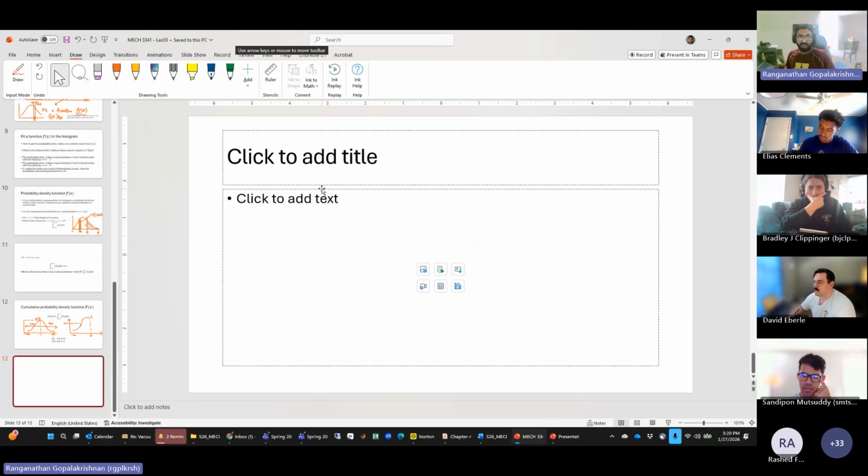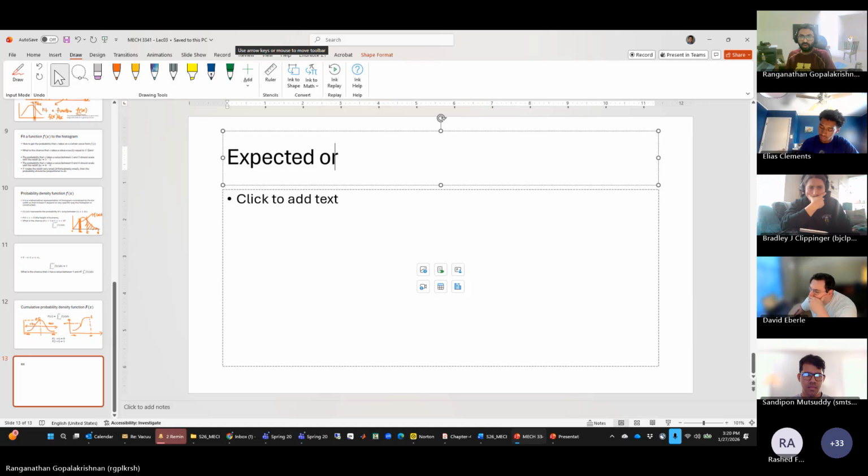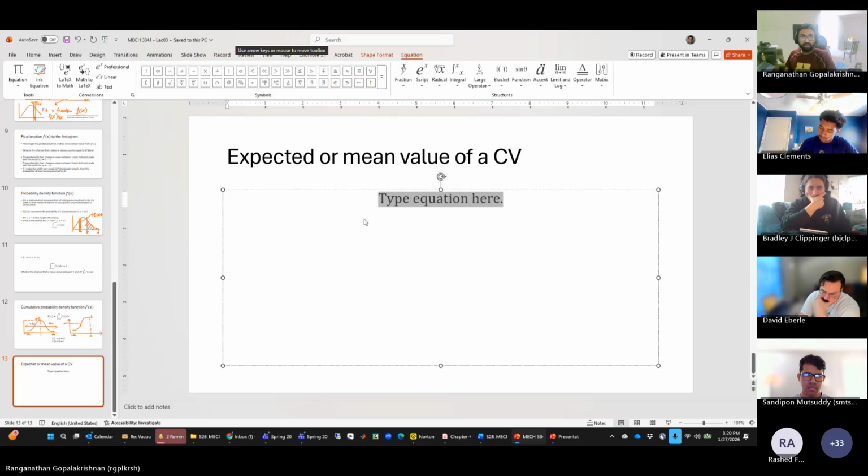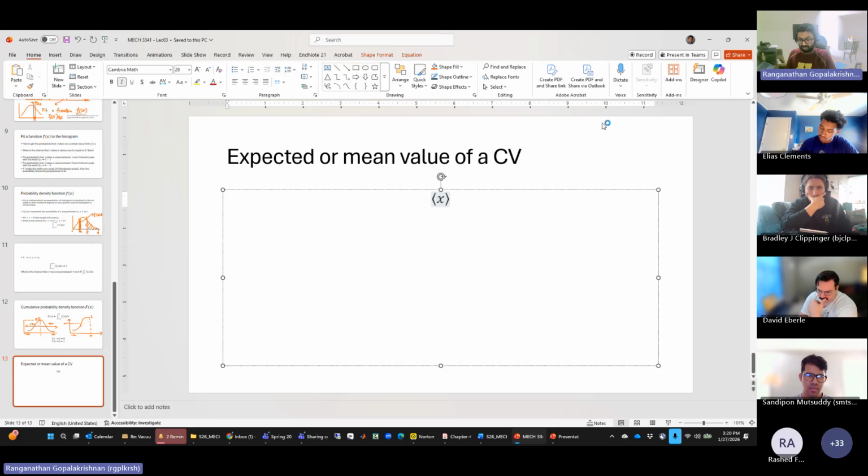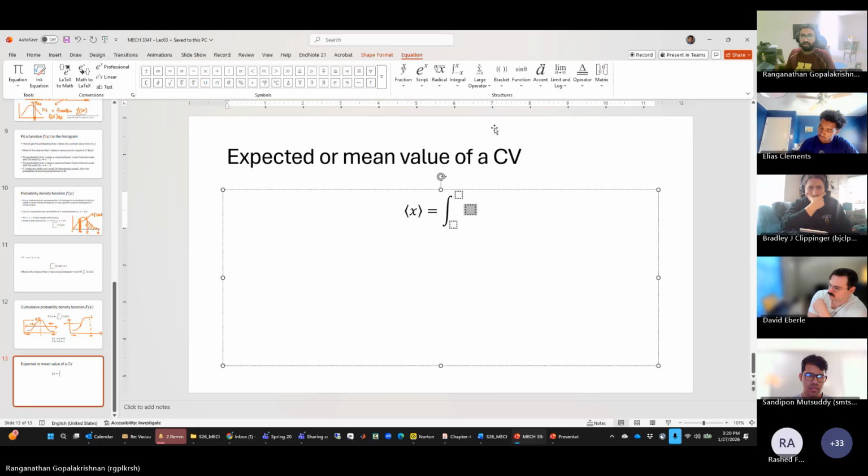Okay, so expected value or mean value of a continuous variable, we'll call it x, and we'll put this between a square bracket to denote its average, is the integral from minus infinity to plus infinity of x times f of x dx.